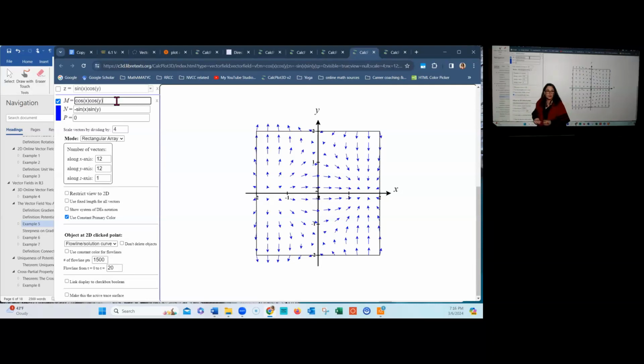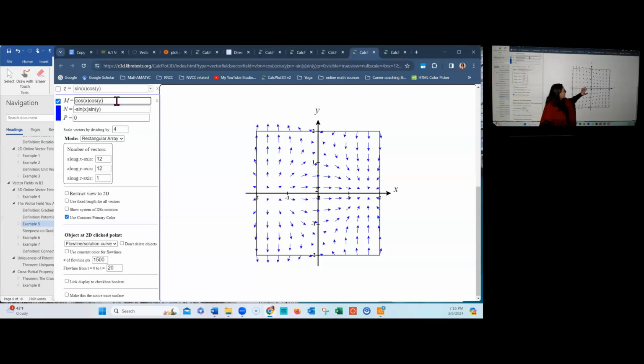We can restrict our view to 2D if we want, or we can simply rotate it so that we see the xy plane. In this case, I have 12 vectors along both the x and the y-axis, but I am again scaling the vectors by a factor of 4.